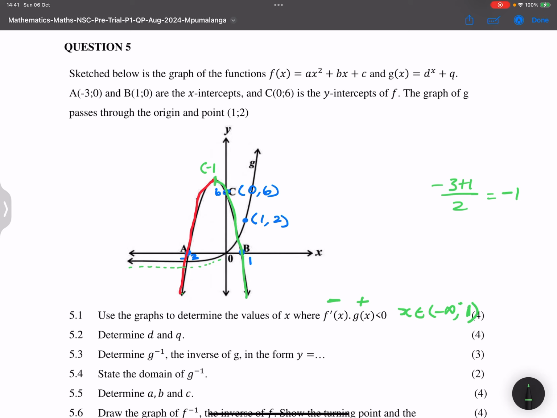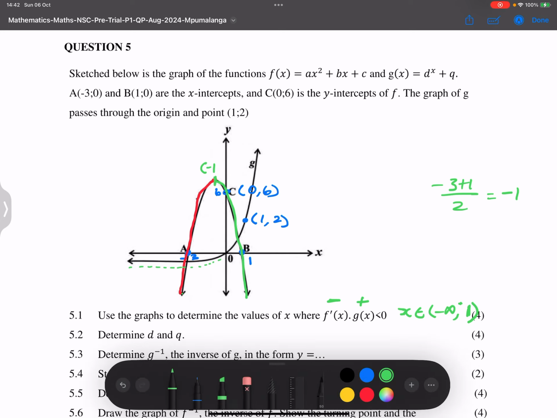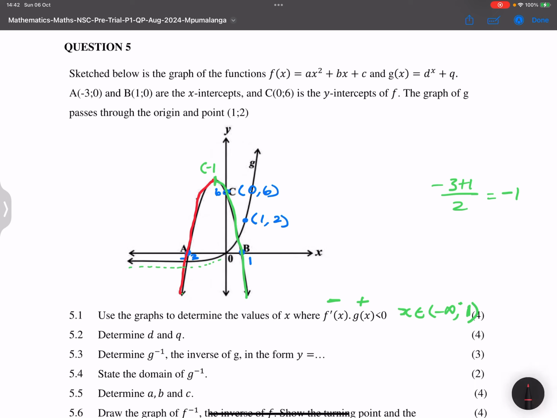And then g of x is actually positive from 0, okay, all the way to infinity. So then our next solution would actually be from 0, okay, all the way to infinity.